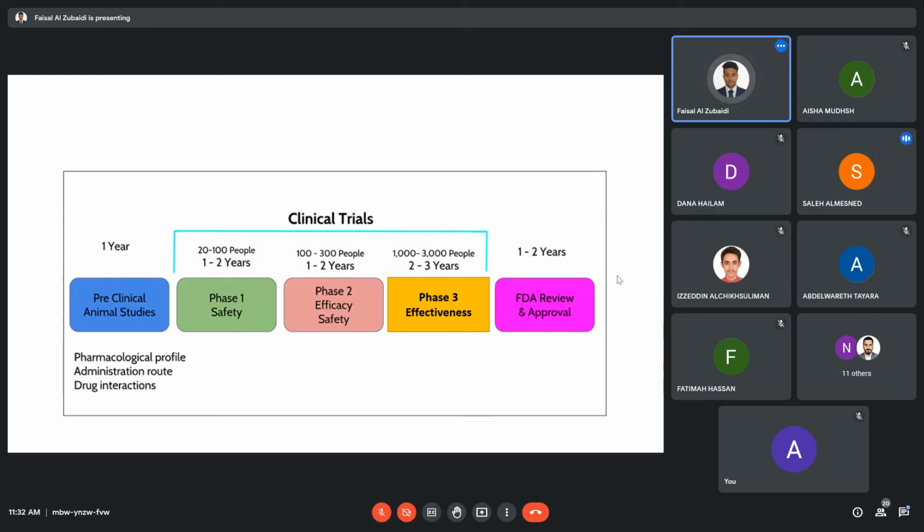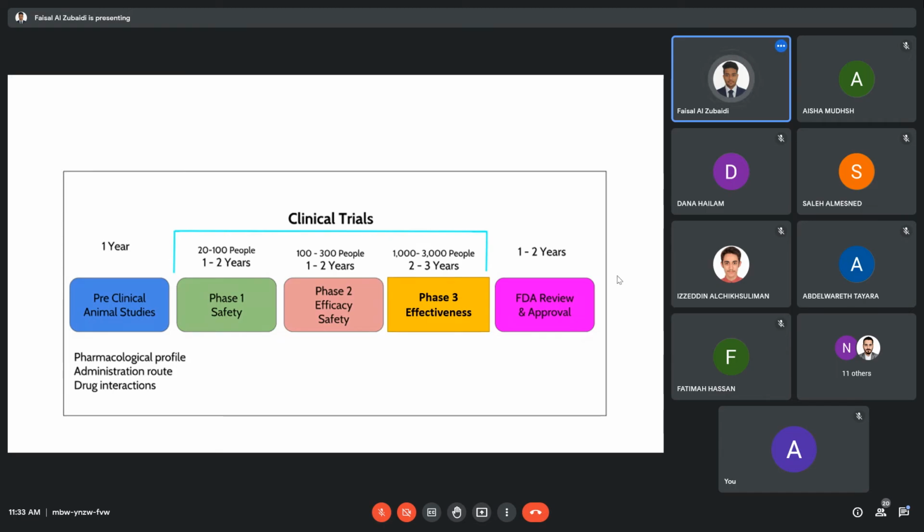The difference here is that we still have a smaller population, and we cannot apply this to the whole population, so we cannot generalize our outcome. We will have this in very strict and ideal conditions. We'll have 100 patients, for example, and we will follow them up closely, and we will minimize the confounders that can affect our outcomes.